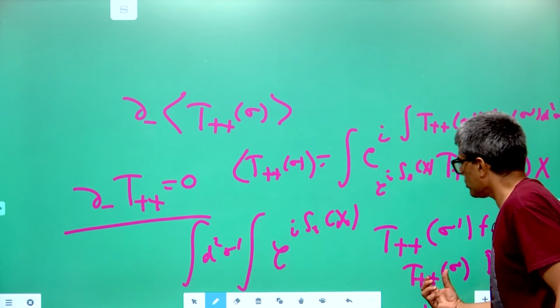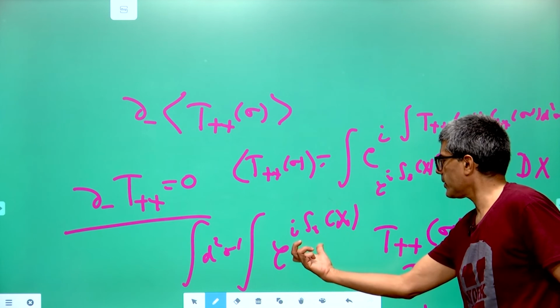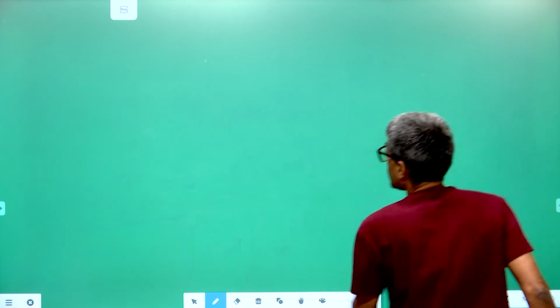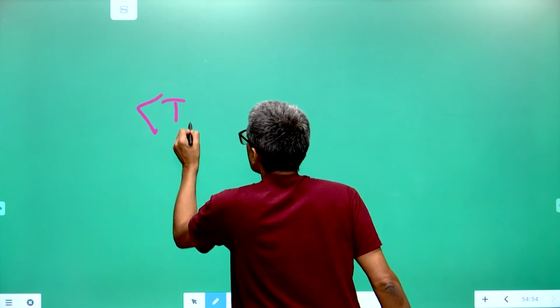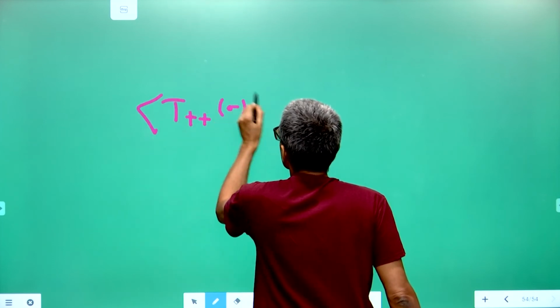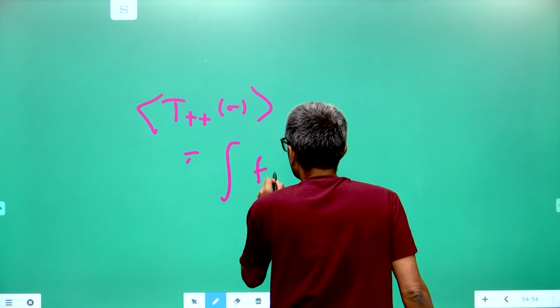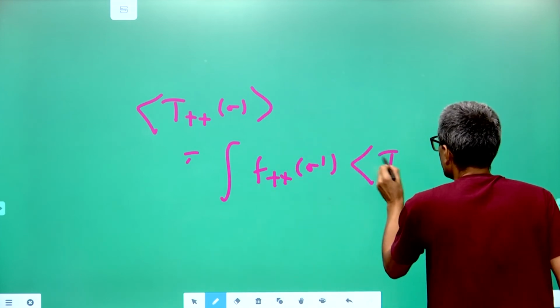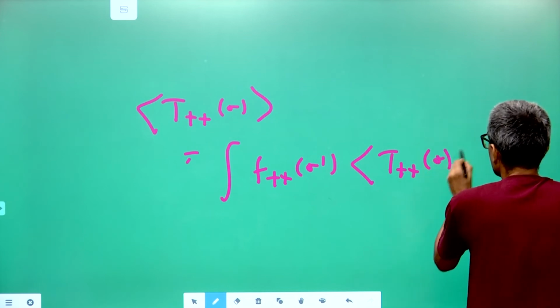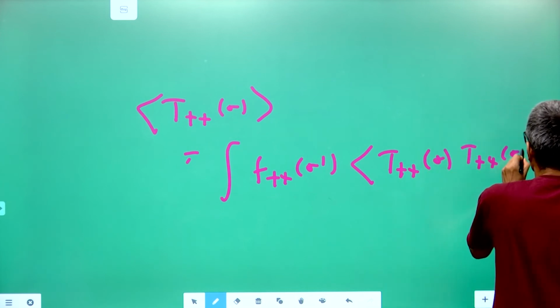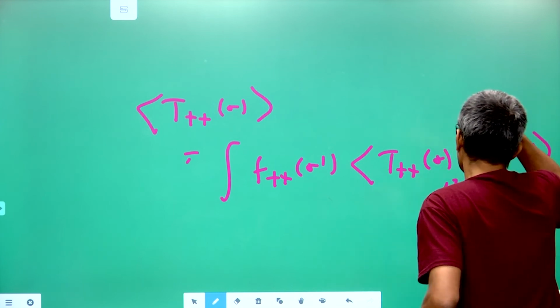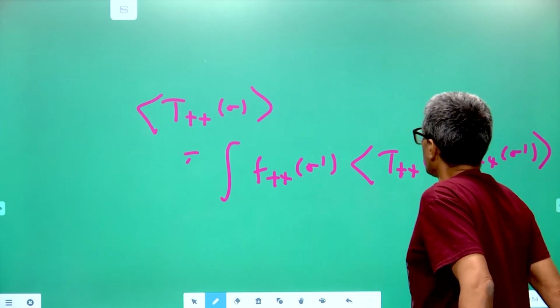Quantum expectation value is being taken because you are multiplying it by e power i times the action and taking a path integral. So what you can say in conclusion is that the average value of T plus plus sigma is given by the integral of f plus plus sigma dash into the average value of T plus plus sigma, T plus plus at sigma dash, d2 sigma dash. And we have seen that this quantity is non-zero.